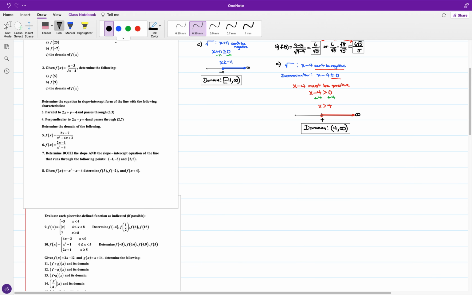For item 3, you're looking at a line that's going to run parallel to 2x plus y equals 4, and where that parallel line will run through the ordered pair 3, 3. Now to determine the parallel line, first of all I have to determine the slope value.